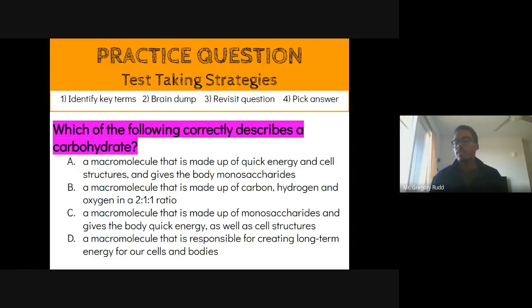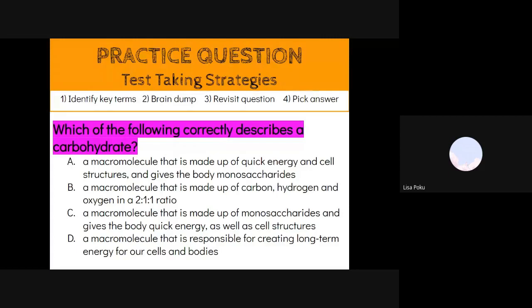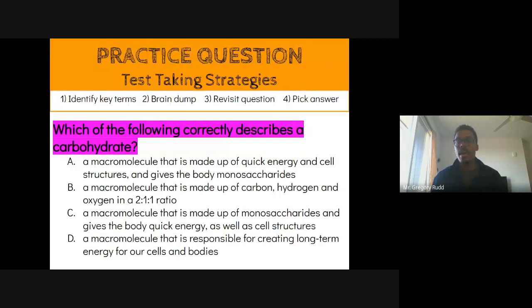Excellent. What kind of energy? We want to specify what kind of energy it gives. Quick. Good. Yeah, excellent. We want to know that it gives short-term, quick energy. Anything else we might want to include? What's that? Builds up a cell, like builds the cell up, I guess. Good, yeah. We also might include that it contributes to the cell wall or the structure of the cell. Excellent. So with that information in our brain dump, we are in a much better position to answer the question.